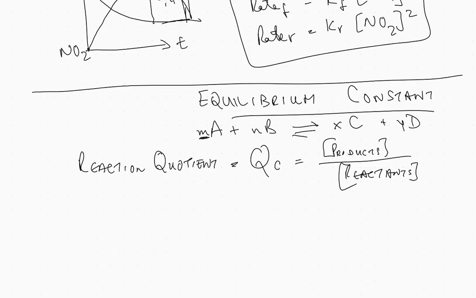At the beginning we have more reactants, so the concentration of reactants is high. When you divide by a higher number in the denominator, you get a smaller Qc. So if the Qc value is small, you know it's moving forward because there are more reactants.